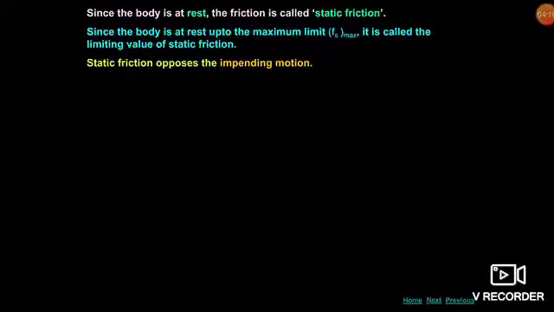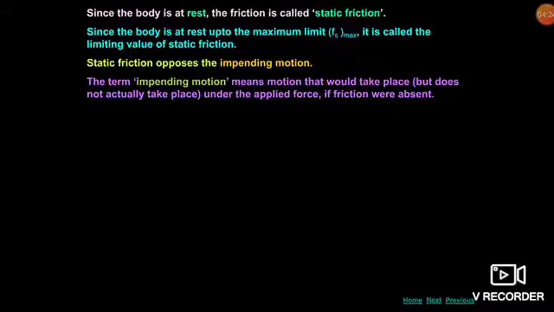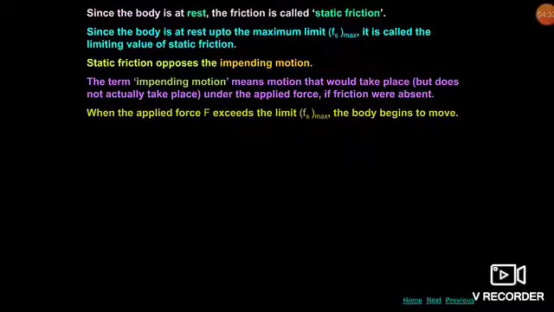Static friction opposes the impending motion. The term impending motion means motion that would take place but does not actually take place under the applied force if friction were absent. When the applied force F exceeds the limit Fs max, the body begins to move.